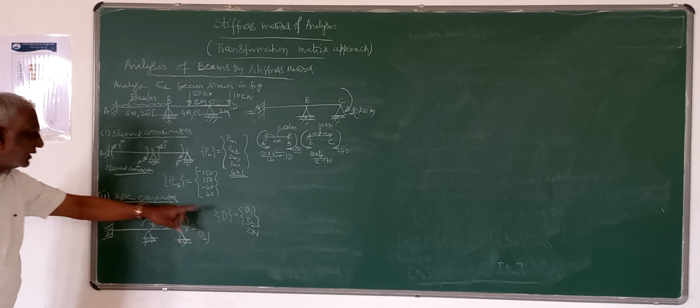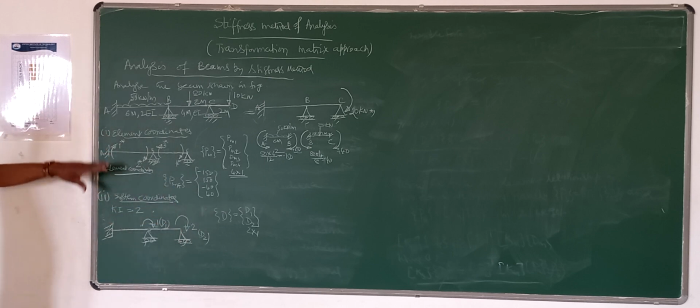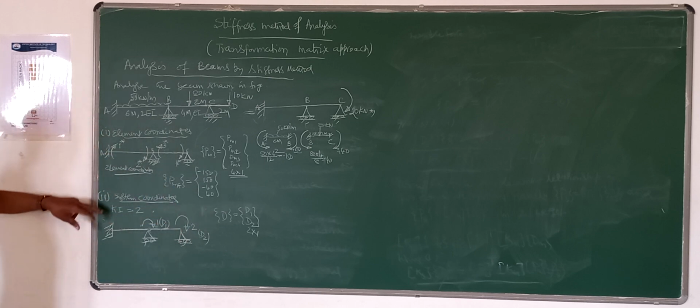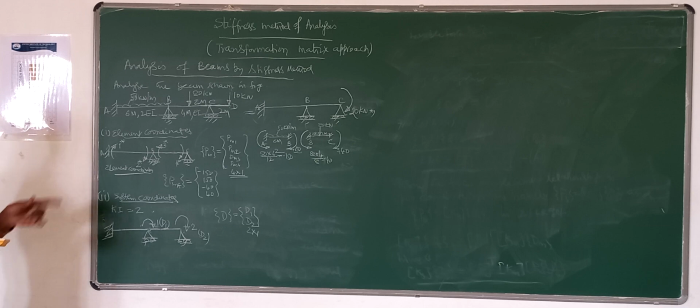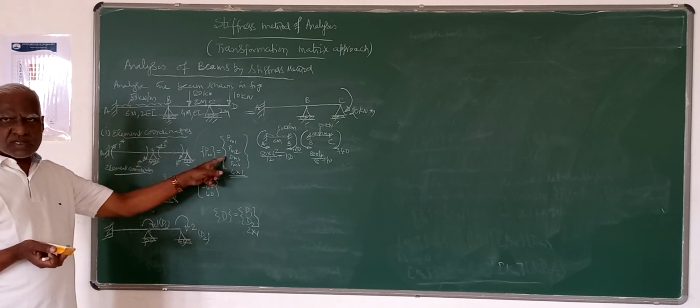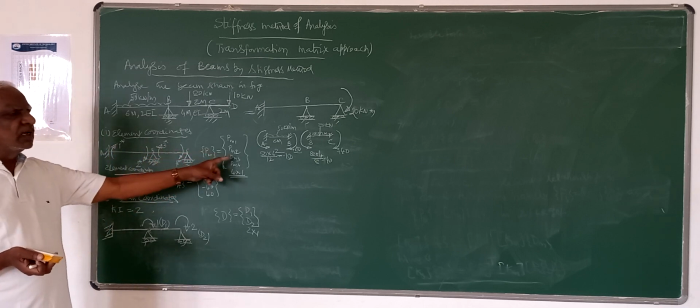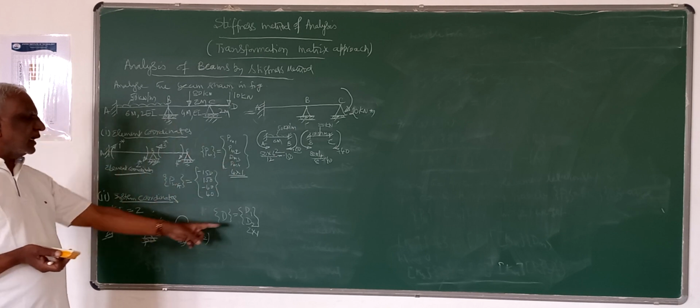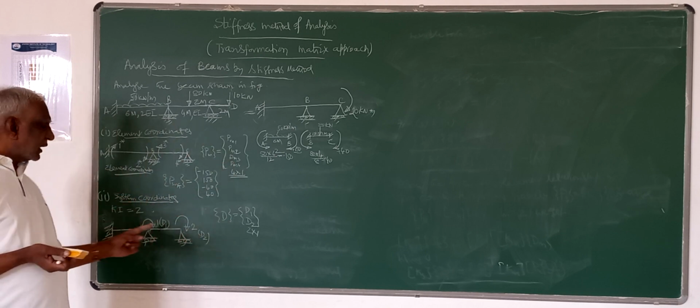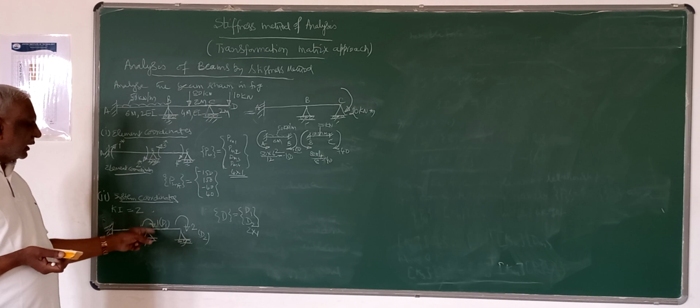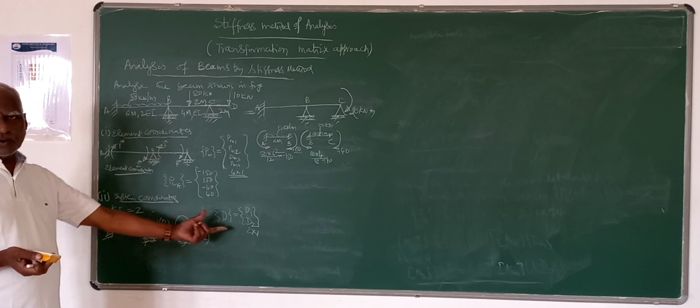So this is our second step. In the first 2 steps, we are just identifying what we have to determine during analysis. One is internal member forces corresponding to these member coordinates. Another, the displacements corresponding to these global or system coordinates.